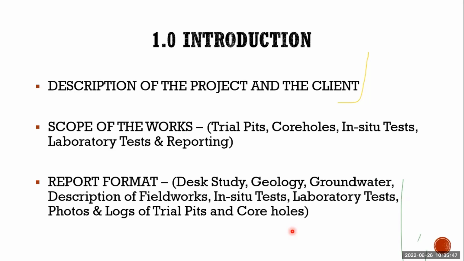If you have a layout plan of the project, you can include it in the introduction, and you can mention the scope of works, whether given by the client, the consultant, the design engineer, or the geotechnical contractor. We have to mention what scope we are going to execute for the particular project: trial pits, core holes, in-situ tests, lab tests, and reporting.